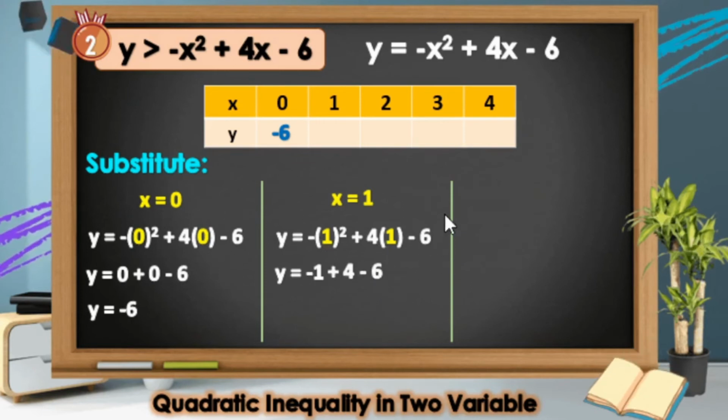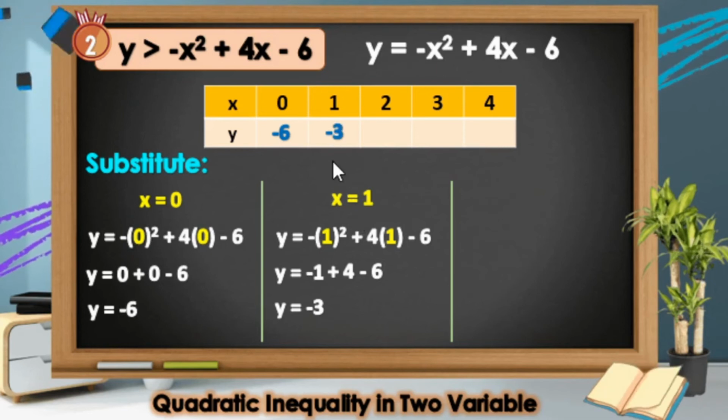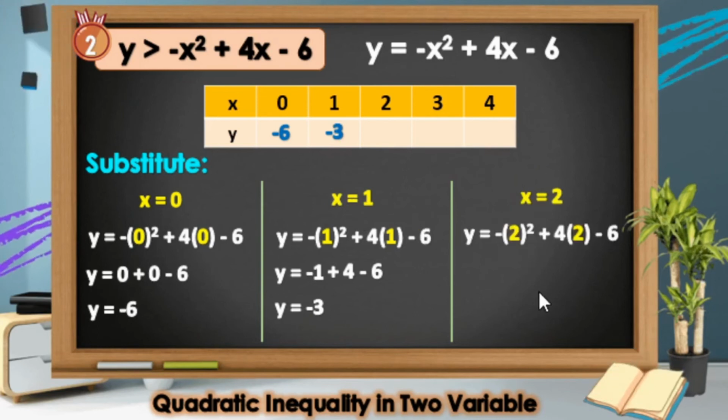Copy lang yung negative 6. Then, negative 1 plus 4 minus 6 is negative 3. So, if x is 1, y is negative 3. How about if x is 2? So, substitute natin ulit yung 2 sa x.